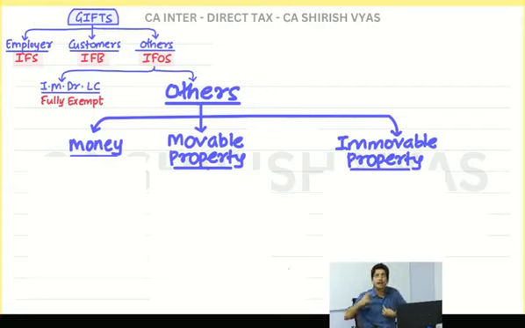After totaling, you have to see whether it is up to 50,000; then exempt. Above 50,000, fully taxable. In short, is 50,000 per person or the aggregate of all persons? Yes, you have to think from the receiver's point of view. I received the gift.